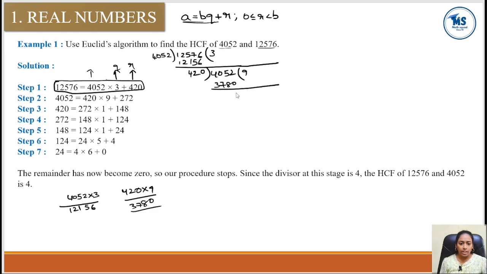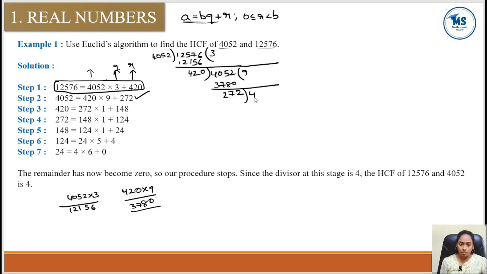If I subtract, 4052 minus 3780 is 272. Again the remainder is not equal to 0, so before applying again, first we write this in the form of Euclid's division lemma: 4052 = 420 × 9 + 272. That's what is written here, step 2.